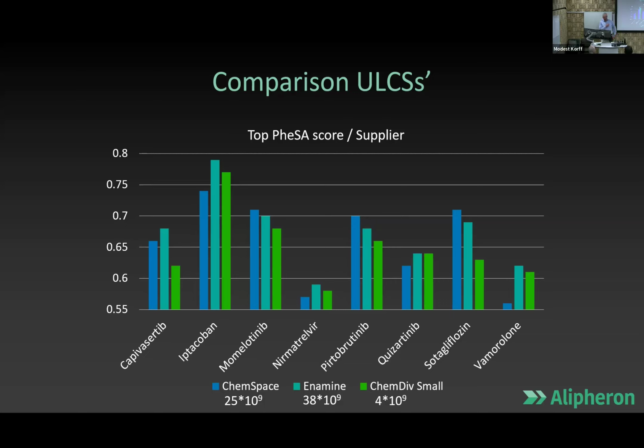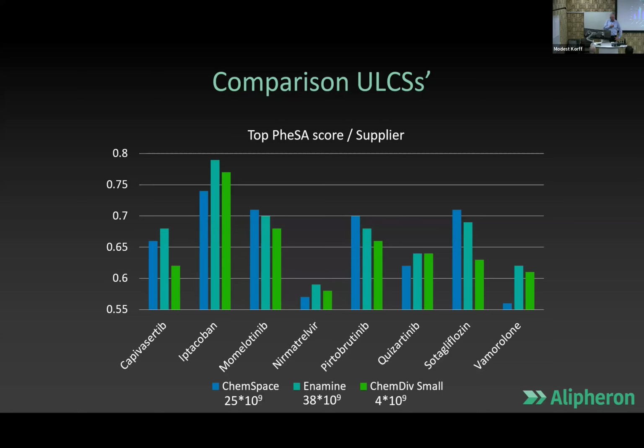What we see here is that iptacopan had the best fitting hit, whereas it was quite difficult to find something for nirmatrelvir, and also for vamorolone, which is a steroid, it was not easy. But if a hit score is over 0.65, then we have reasonably fitting molecules.